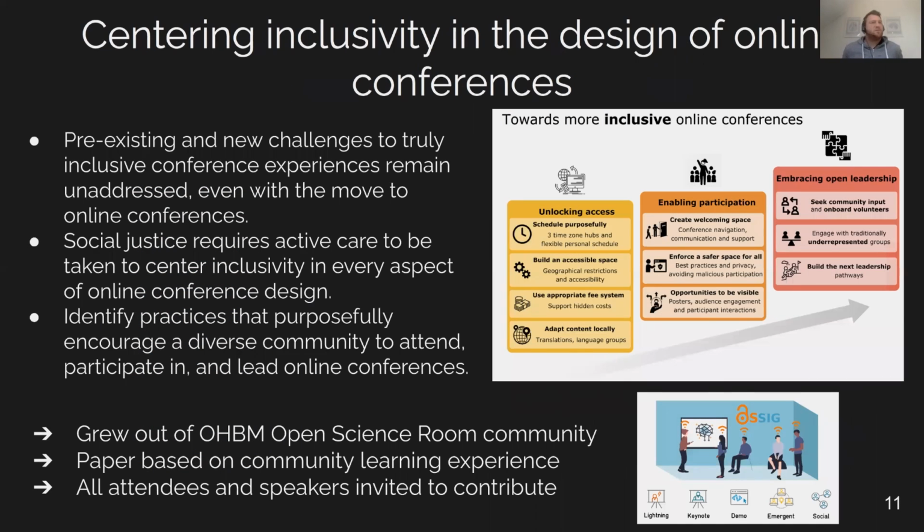The last one I want to also just highlight is this paper, which is called Centering Inclusivity in the Design of Online Conferences. We recently pre-printed this, and it's basically trying to give our personal experiences a platform, and also highlight resources that we think can add to the inclusivity of online conferences, apart from the general improvement in accessibility that comes along with the pandemic, because everything is virtual, but that does not necessarily mean it's automatically inclusive.